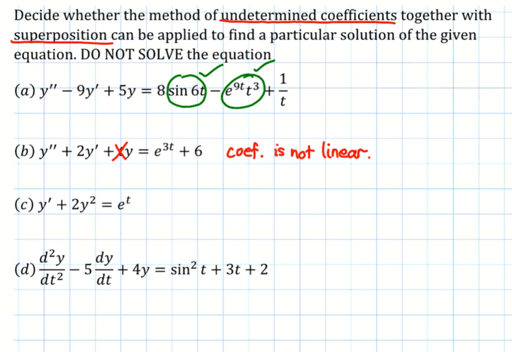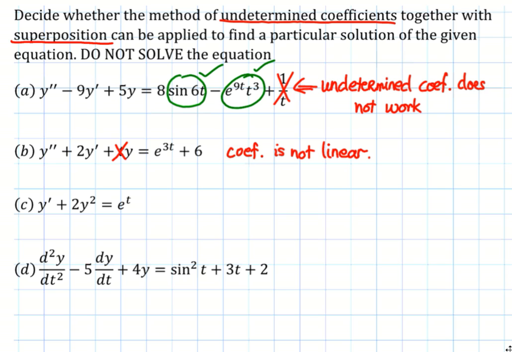Undetermined coefficients will not work with that type of function, with the 1 over t, because that's a type of function that we cannot work with.